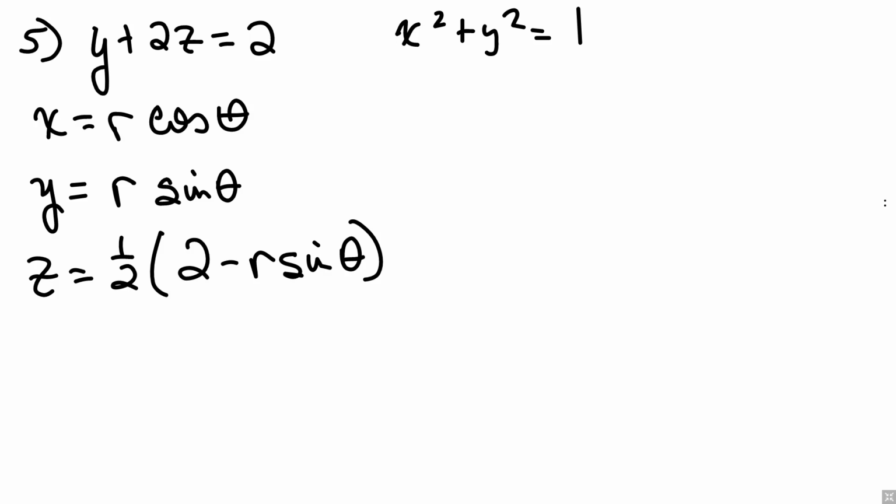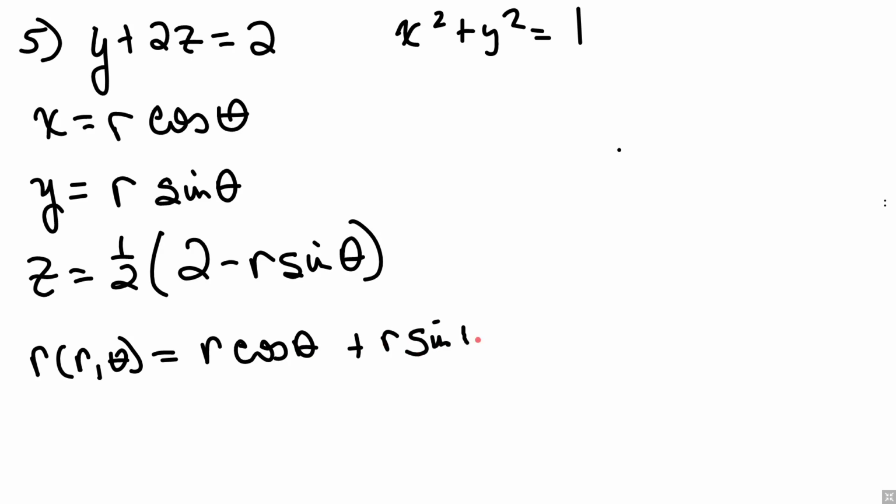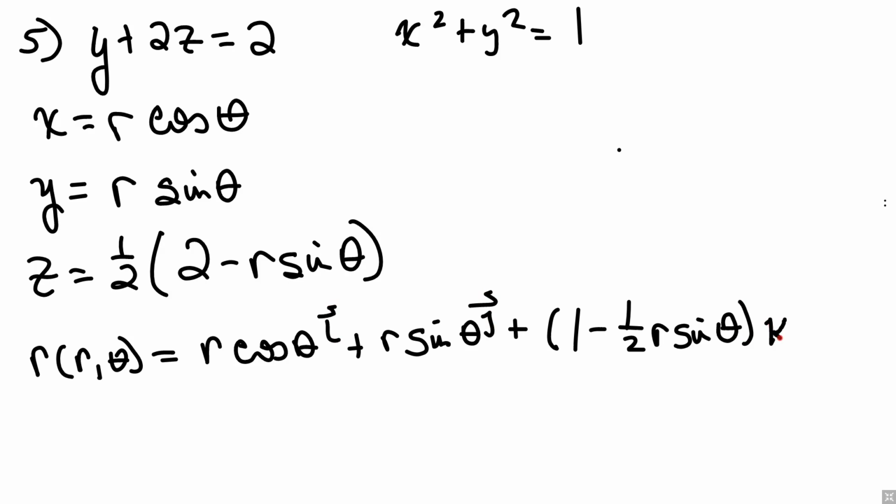So r of r, theta is equal to r cosine theta i plus r sine theta j plus 1 minus 1/2 r sine theta k.